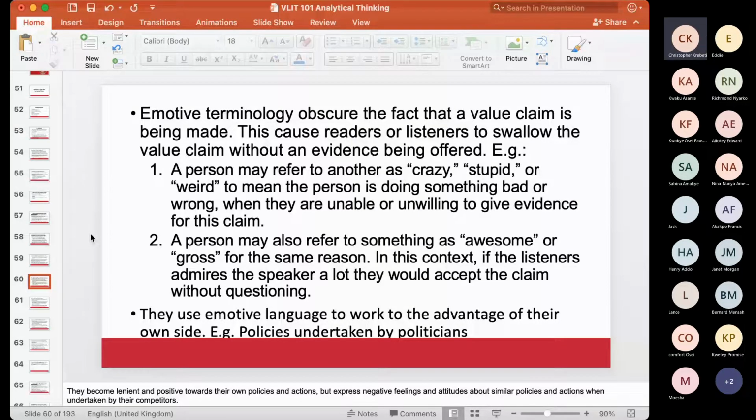Even the term peculiar, oftentimes we use the word peculiar in context to mean positive. But if you judge it closely, you realize that the term peculiar is telling you that something is odd. Peculiar can mean odd, and peculiar can be negative. So we have to pay attention to terms when they are used. So as I've said, when emotively charged terms are used, they sometimes are meant to hide meanings from you, to hide the value claim from you, so you cannot recognize it.